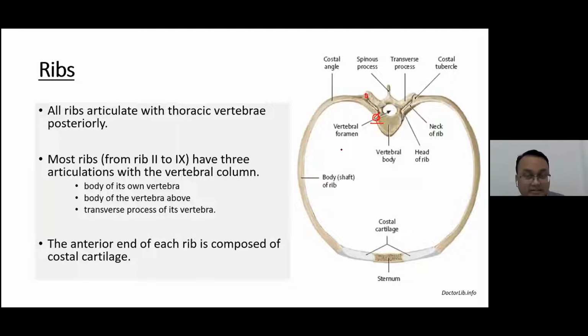So there are three articulation points. Then this portion over here will form the head of the rib, okay? And the rest of this will be the body or the shaft of the rib. We know that it doesn't make contact directly with the sternum, but just before it meets the sternum, it gives out this cartilage, okay, known as the costal cartilage on the anterior aspect of the rib.